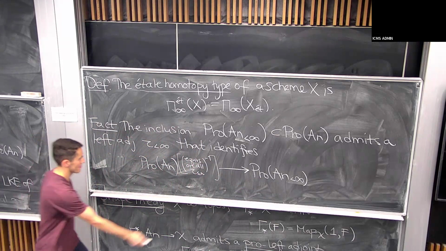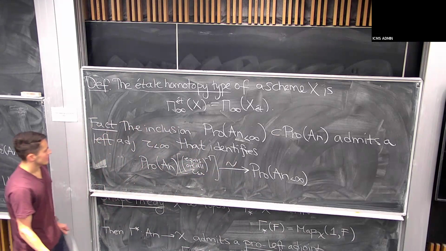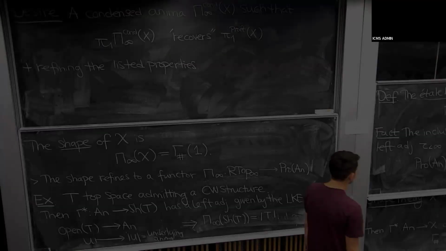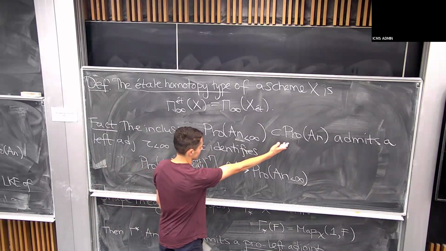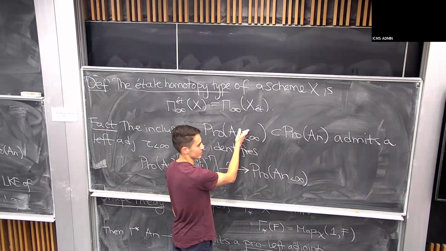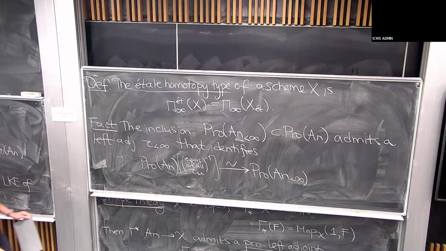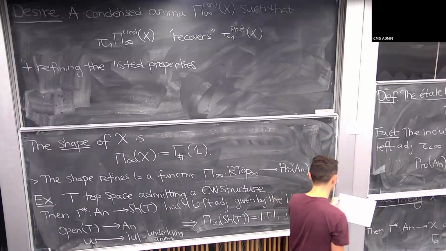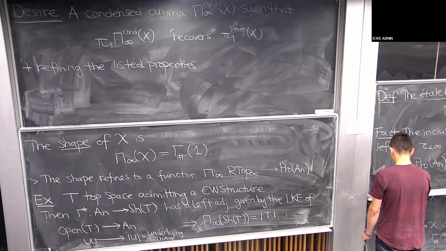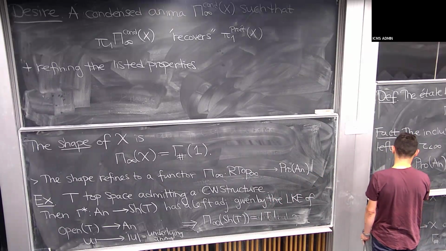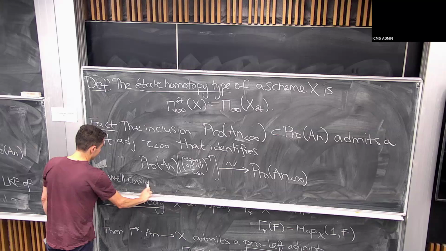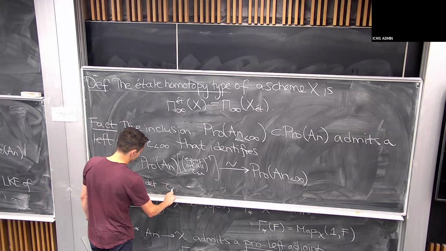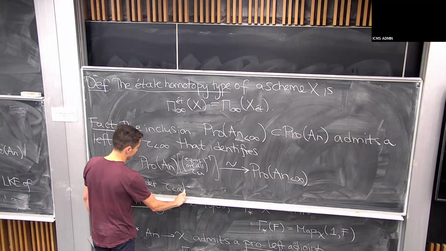And basically, no one in the world has ever said something interesting in here which was not already in here. So we just ignore this difference. And so we'll consider this protruncation of the shape.